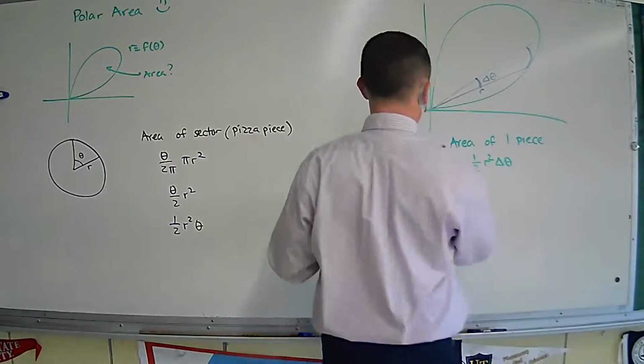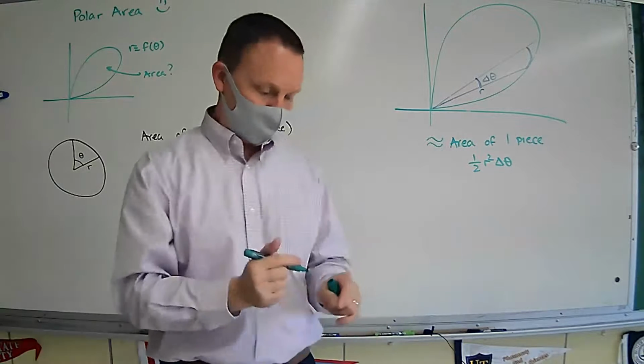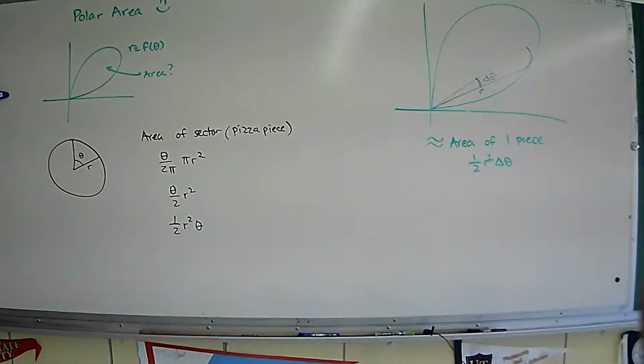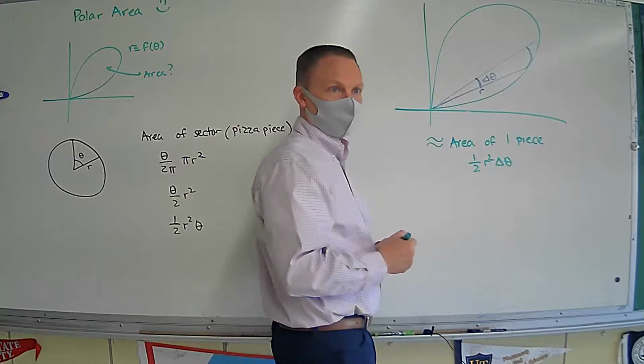So I should say, instead of area of one piece, I should say approximate area of one piece, because we're treating that like it's a circle. All right? The book actually refers to that as a polar rectangle, but we'll not necessarily call it that. So area of one piece is 1/2 r squared delta theta.